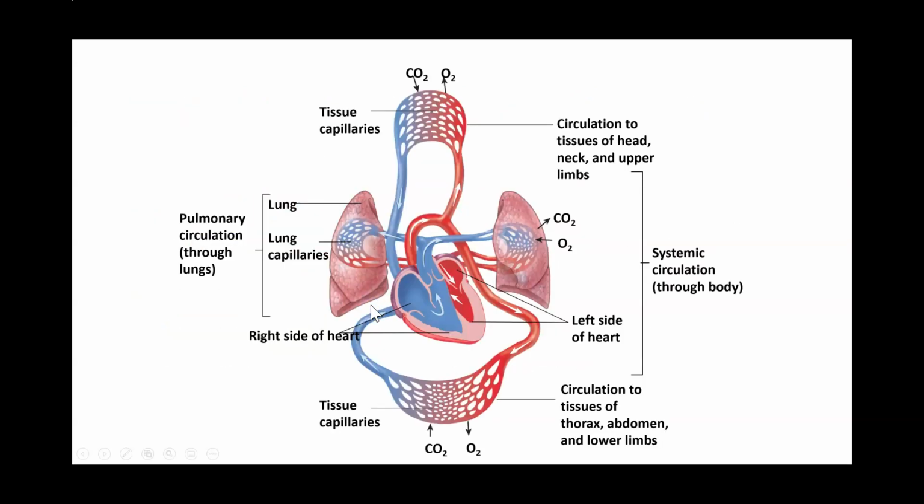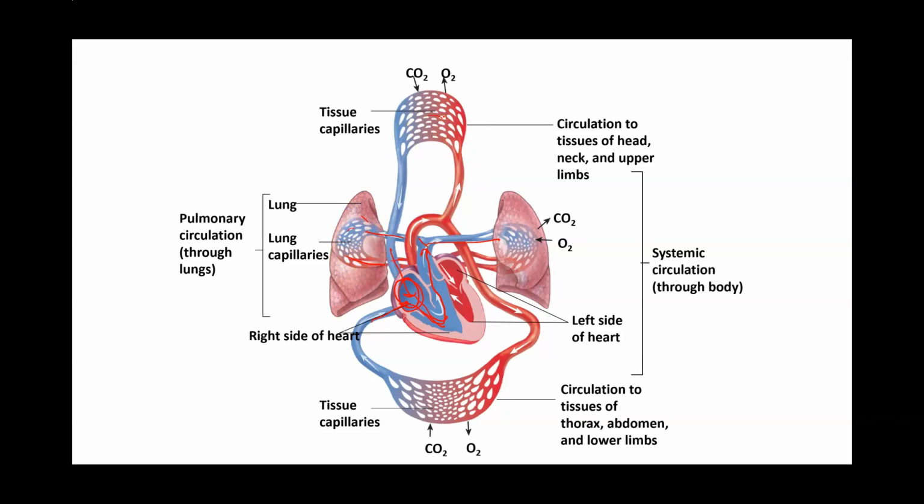And this is showing you the pulmonary and the systemic circuit. So here you have the pulmonary circuit, which starts at the right atrium, receiving the deoxygenated blood, moving the deoxygenated blood to the right ventricle, goes out through the pulmonary arteries. From there it goes to the lungs to be oxygenated, and blood comes back.